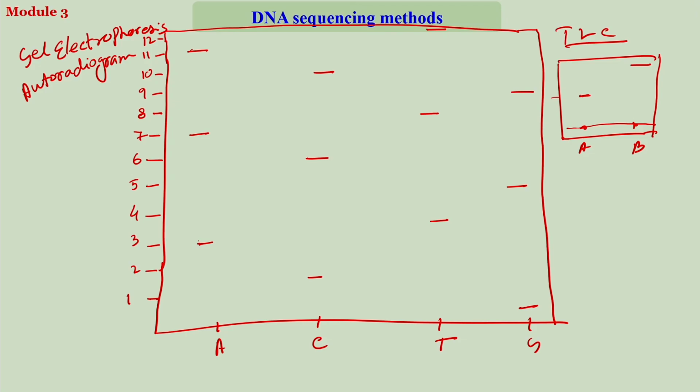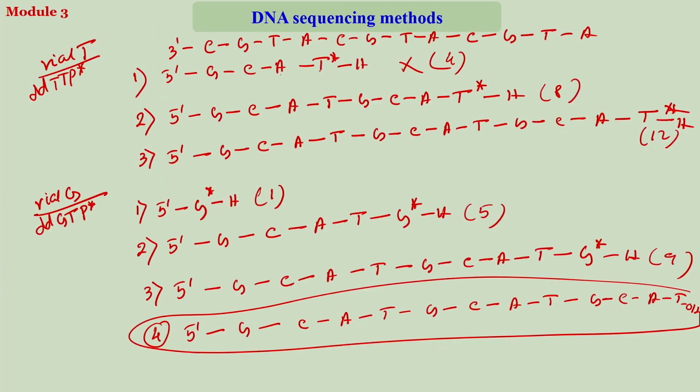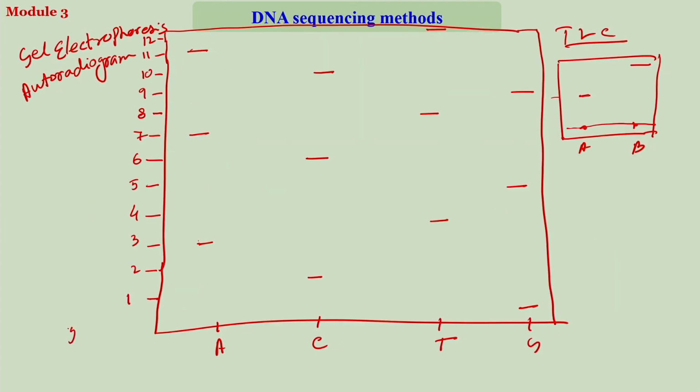Now, if you see here, you have a spot for every length. What you have to simply do is just read the gel and put the corresponding base here. So, we are actually synthesizing the complementary strand from the 5 prime end, right. So, this is your 5 prime end. Where is your first base?